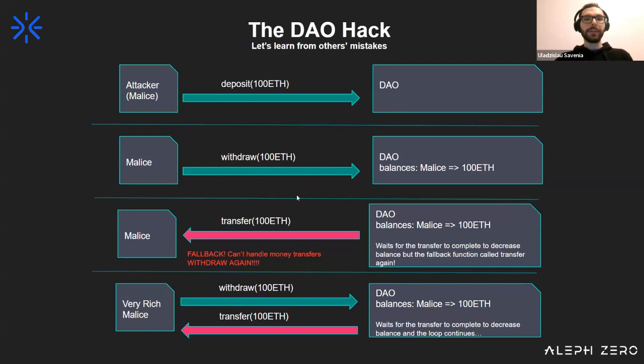But what went badly is that this method of transfer later requires the recipient contract to have basically a receive method, which Malice very maliciously had not. So the contract had to fall back, and the caveat was that the transfer was before actually decreasing the amount of Ethereum Malice would have on the DAO.